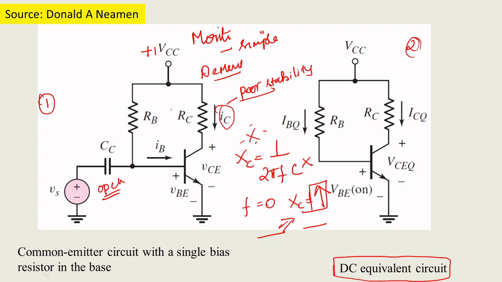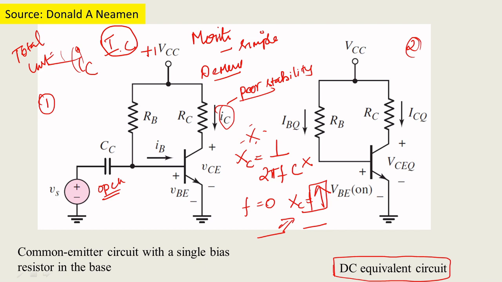Another thing you can see here: small i, capital C, and here capital I, capital C, that means both are capital. This is small and this is capital subscript. That means this is the representation for total instantaneous, which is the combination of AC and DC, DC superimposed with the AC.